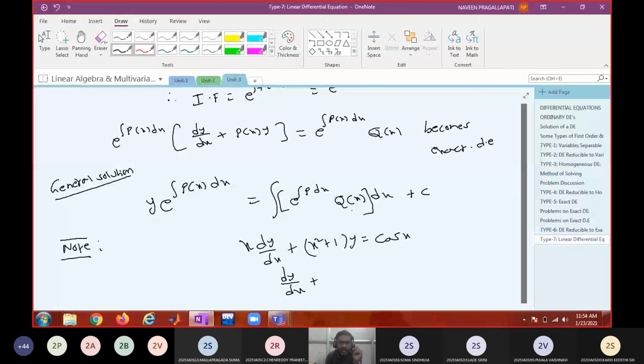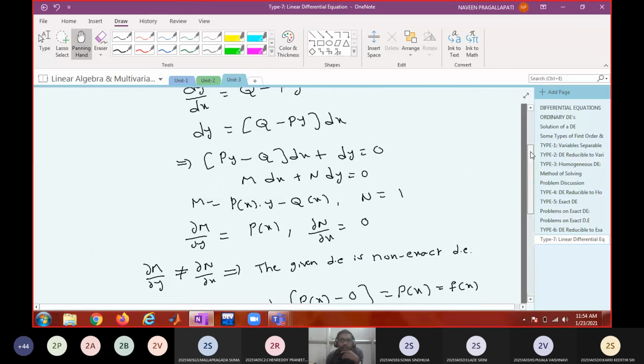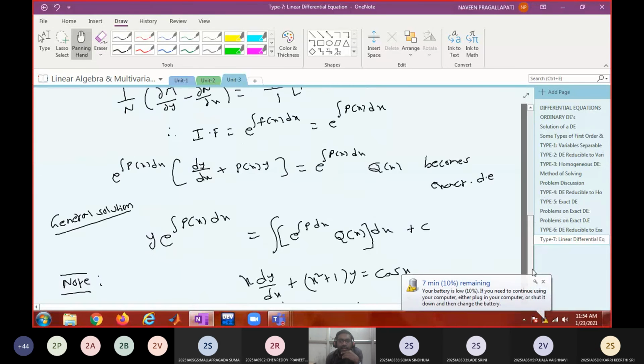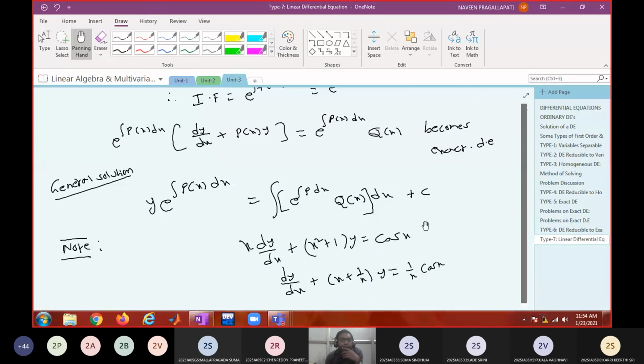So it has to be dy by dx plus x plus 1 by x into y equal to 1 by x into cos x. Then you say that p equals x plus 1 by x, and q is 1 by x into cos x. Do you understand? So if you want to apply this formula, make sure that your differential equation is in standard form. Is this clear to all of you?